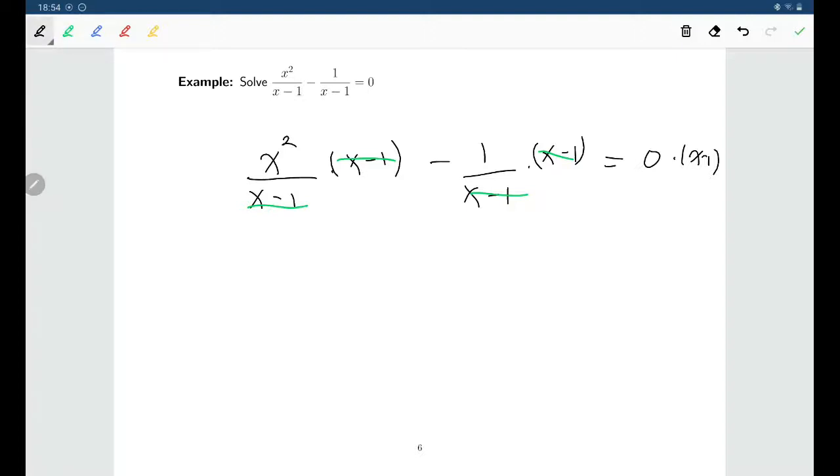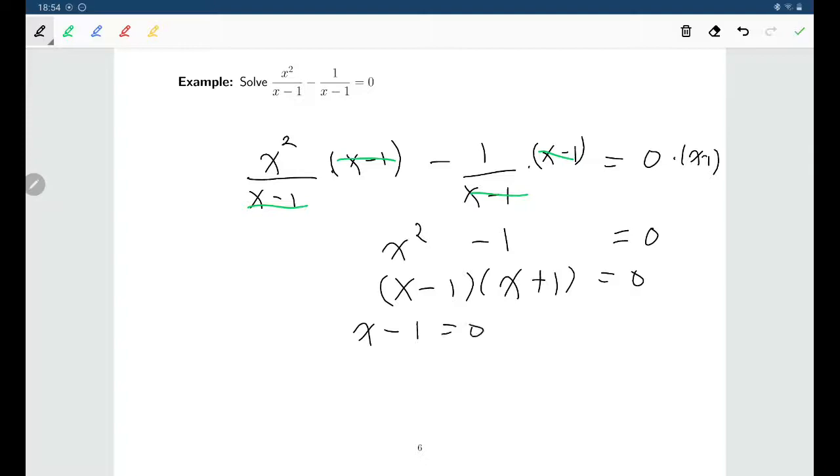And on the right side, 0 times x minus 1 would just be 0. So you'd be left with x squared minus 1 is 0, and you could solve and find two solutions. That x is 1, or that x is negative 1.